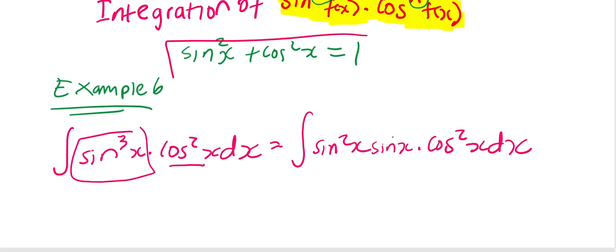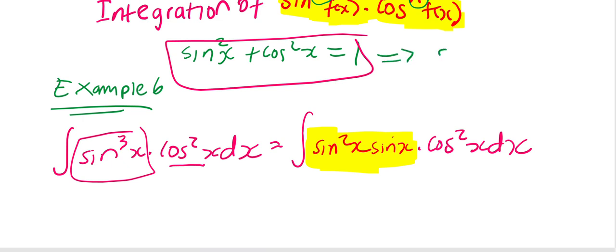Now they say use the identity. Where do you use the identity? You use it where you have split. Don't make a mistake and use it on cos squared, because cos squared is not part of the splitting. This is where you split the odd power. So if we have sine squared x times sine x, and we have split the odd power of sine, the identity we're going to use becomes sine squared x is equal to 1 minus cos squared x.